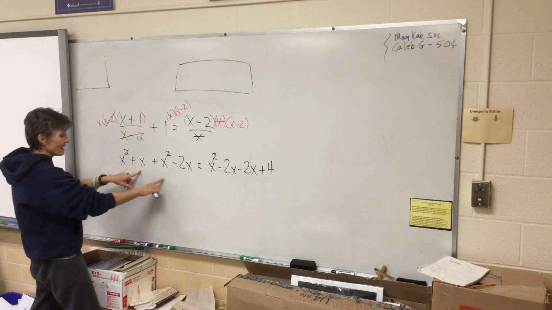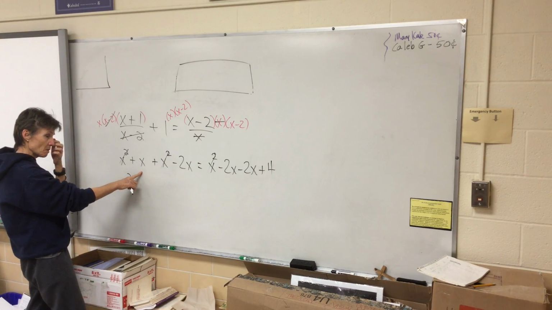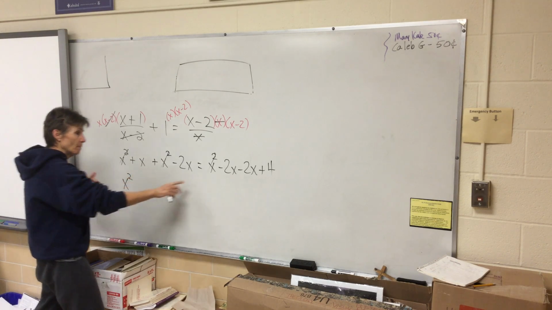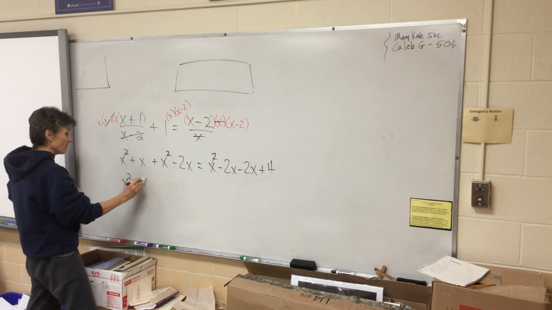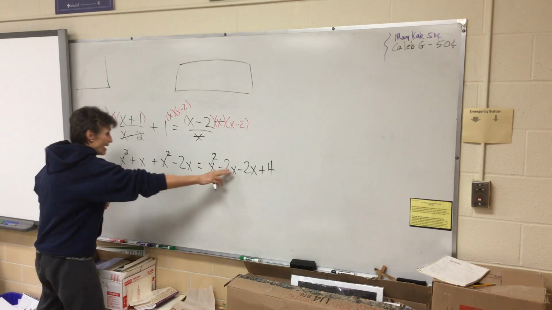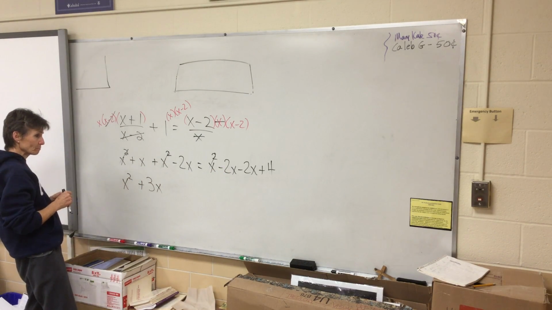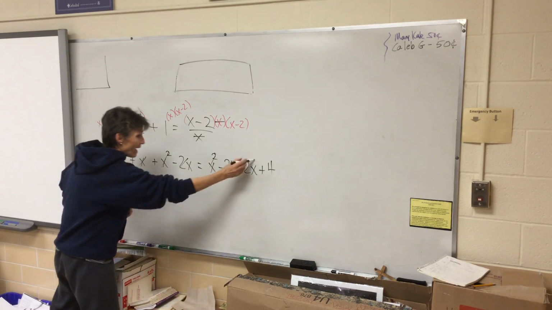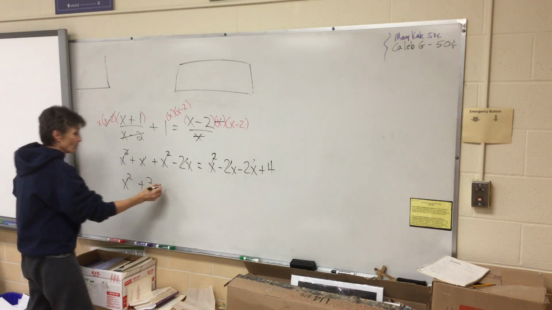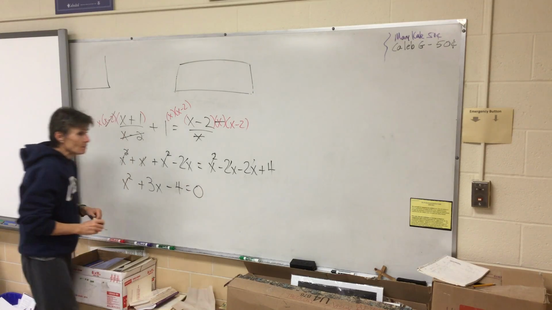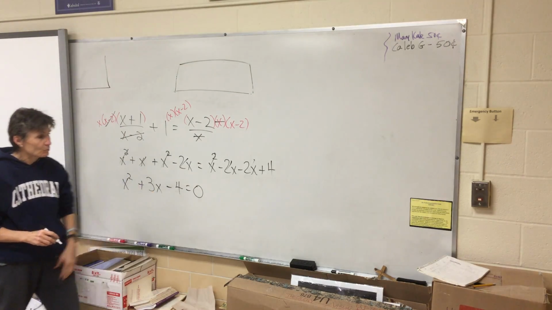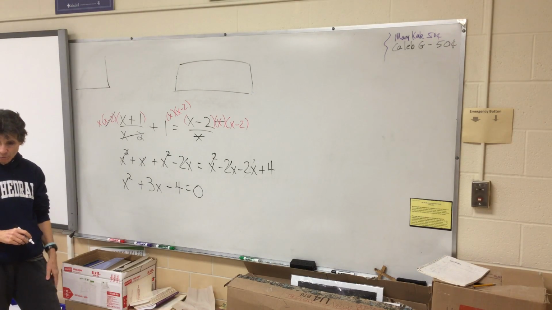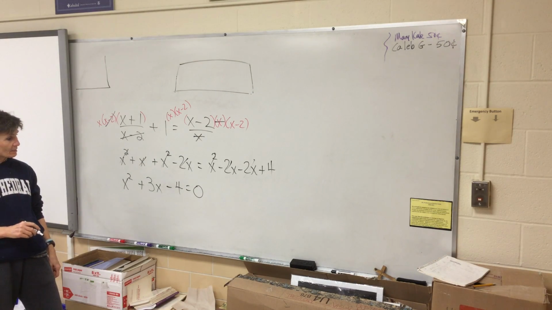Now I've got a negative x over here, but I'm adding 4x over here, so I think that's going to be plus 3x. If I add these over here, that takes care of all that. And then I'll just bring my 4 over. Remember, it's a quadratic equation. You want to have it set equal to 0. You do not want it to be set equal to 4. You want it to be set equal to 0.